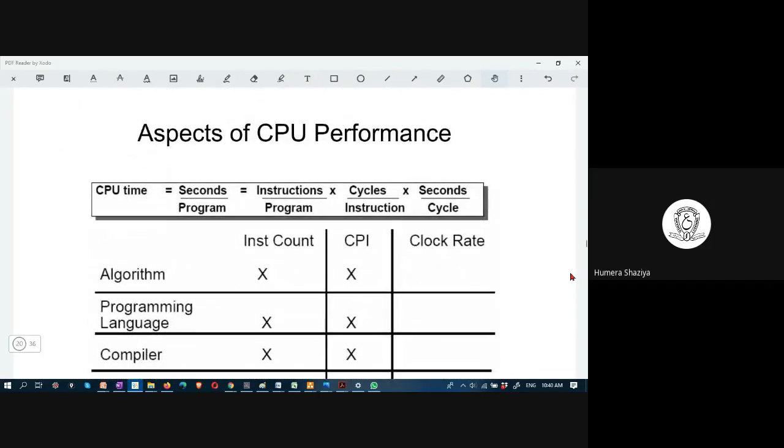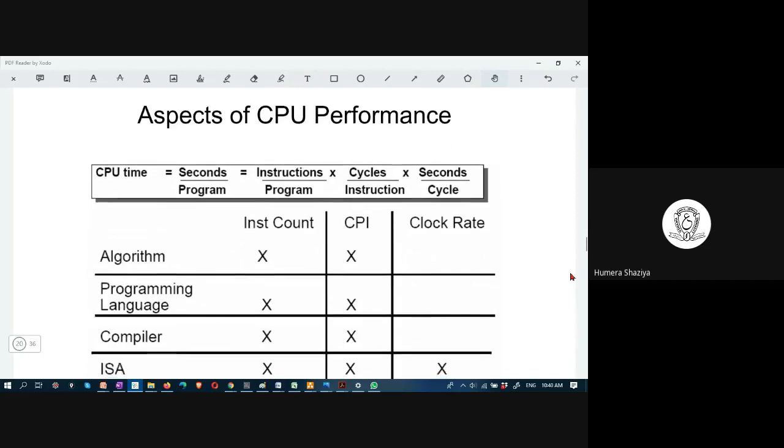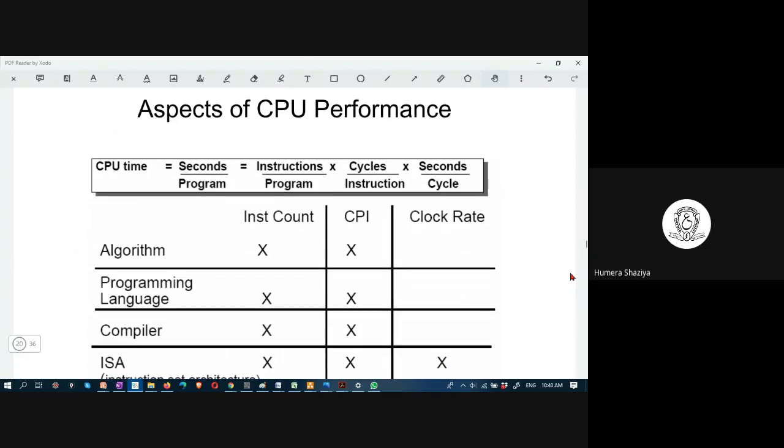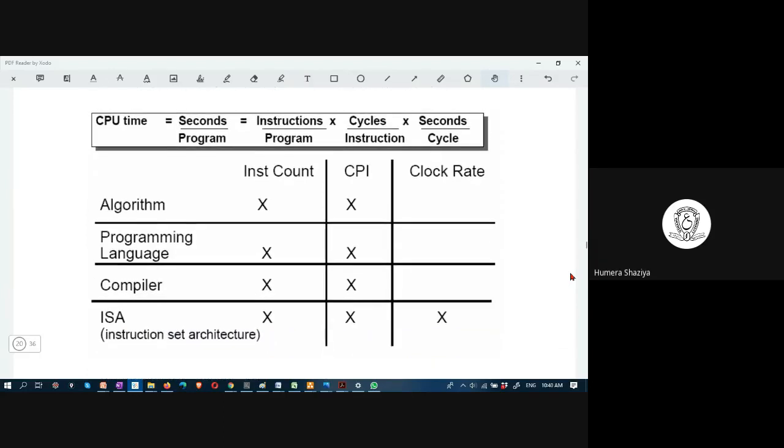And what are the aspects of CPU performance? CPU performance includes instructions per program into cycles per instruction into cycles per second. And these are the various parameters. For algorithm, instruction count and cycles per instruction, both mean the algorithm has an impact on these two.